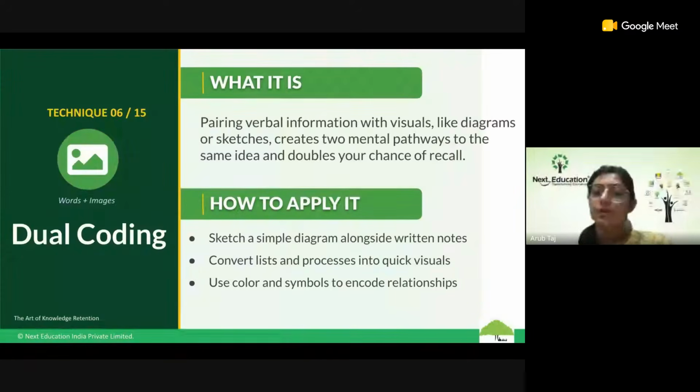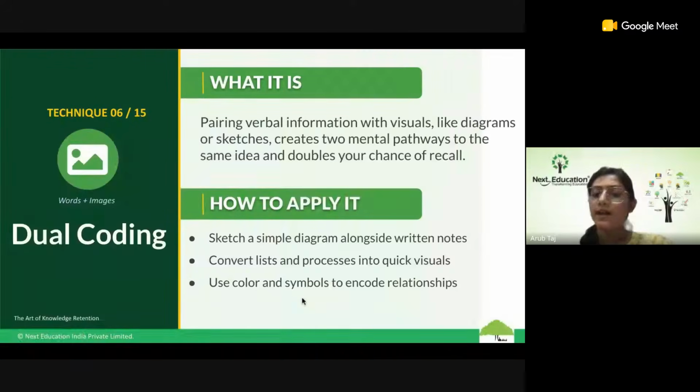This will help your students retain the concept. One point is to sketch a simple diagram. Second is to convert lists and processes into quick visuals, like a flow chart or a chain. This is how you can quickly revise and learn.